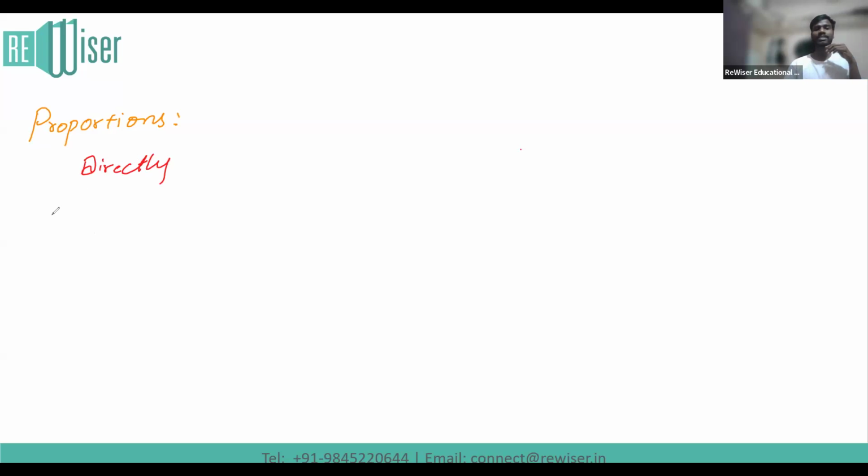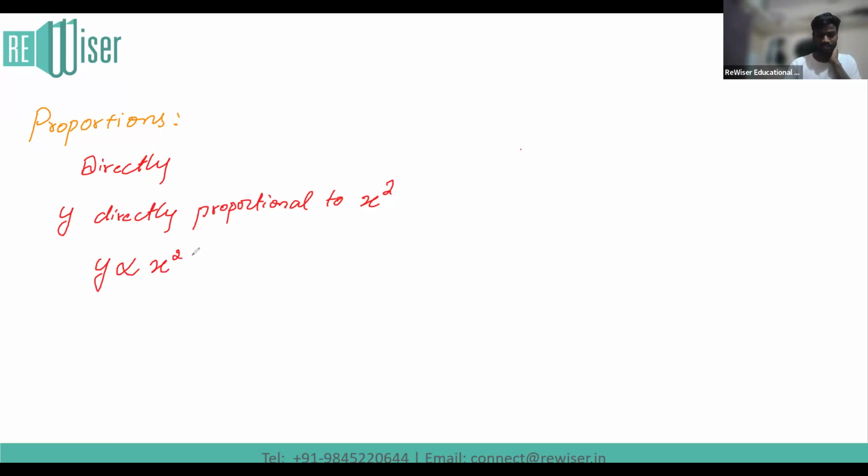Suppose we say y is directly proportional to x squared. Whenever we say this, we need to write down y, the proportionality symbol, and x squared should be in the numerator itself. This is what is meant by y is directly proportional to x squared.